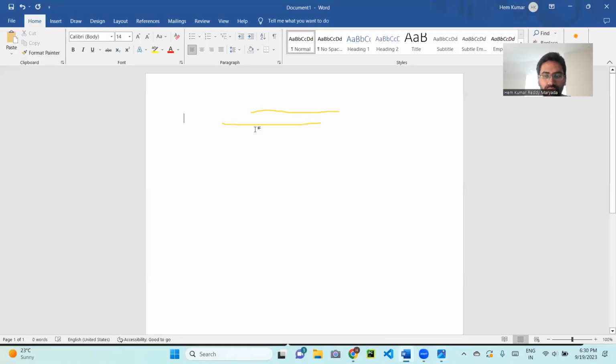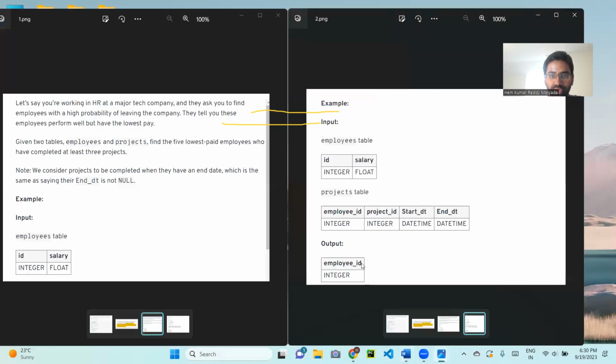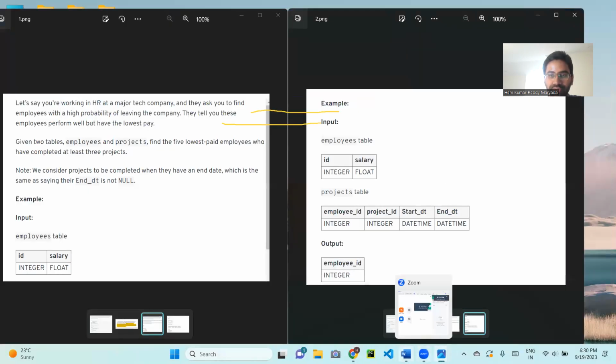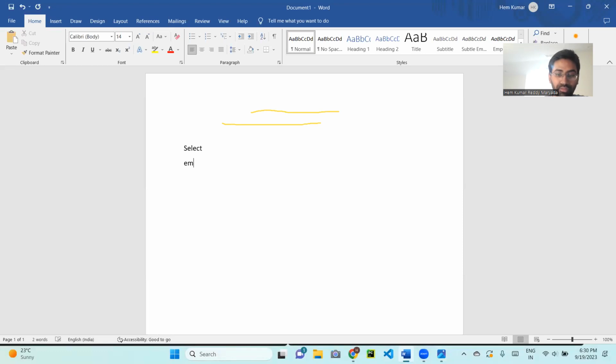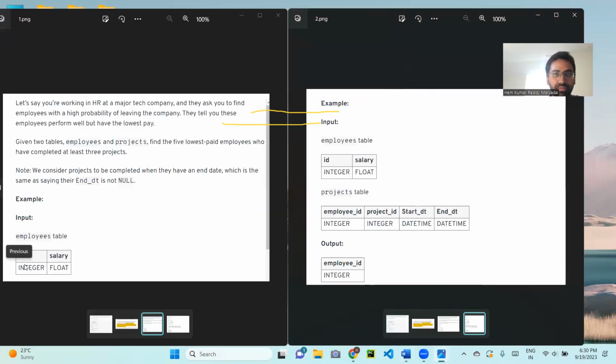Let me pull up my Word document. So I'm selecting employee ID. Why? Because my output table should have only employee ID. If we observe these two tables, the input tables are employees and projects. The employees table has ID and the projects table has employee ID, project ID, start date, end date.